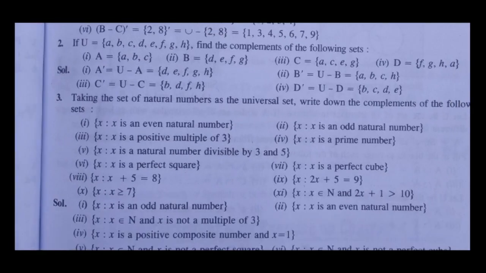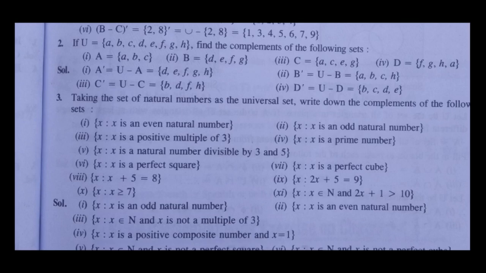In question number third, take the set of natural numbers as the universal set. So write down the complement of the following sets. See the first part. They have given a set in set builder form, and try to understand it. X is a set of all the even natural numbers.